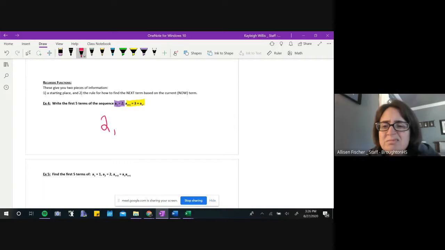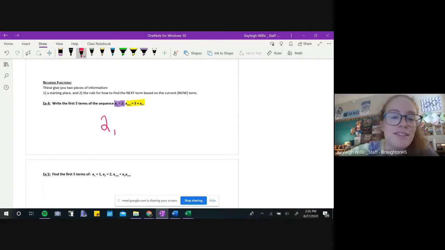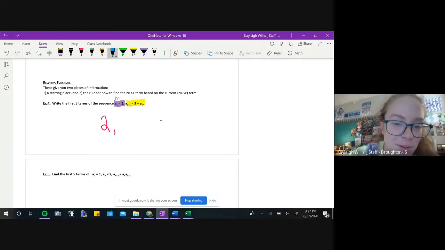Add 1, because it says n plus 1. No. So that's telling me the place value of the term. So the reason I know this is the first term is because in the n spot, they've told me n equals 1. So here, if I know n equals 1, I want the second term. So this would give me a2 equals 3 plus a1.